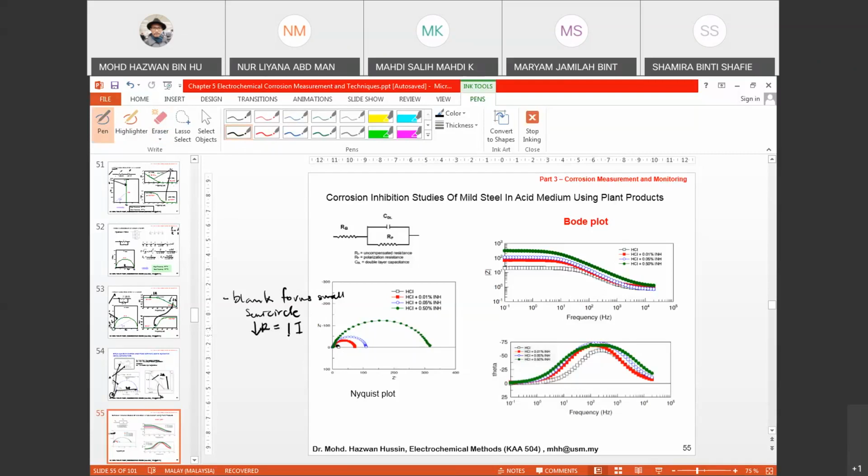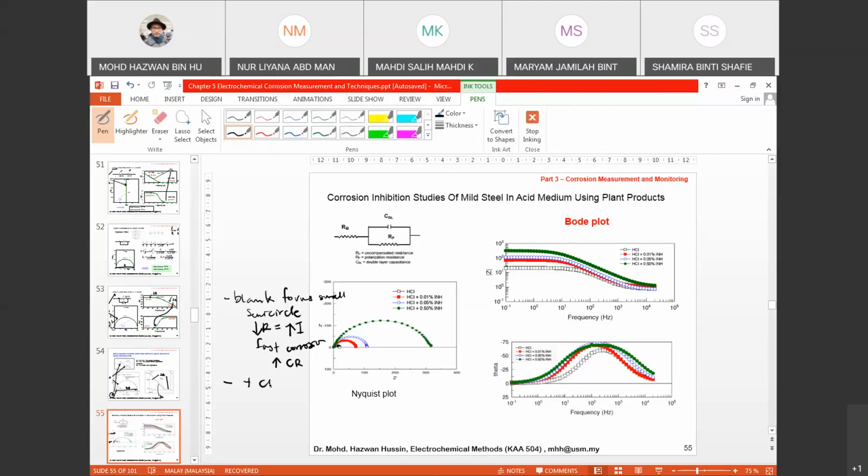Lower resistance means a higher current. When you have a higher current, this will be a fast corrosion process, which tells you that you have an increase of corrosion rate. So when you add corrosion inhibitors, you will see that it forms a bigger semicircle.